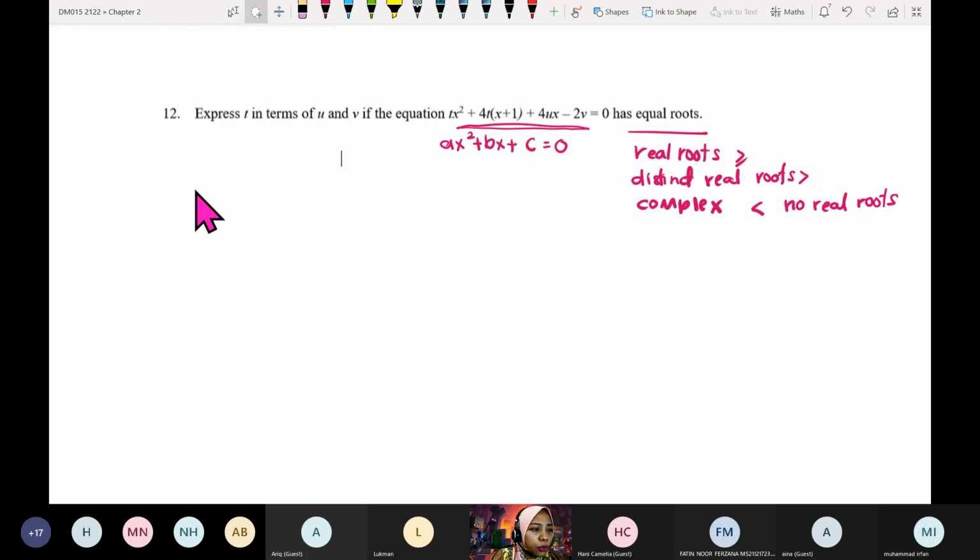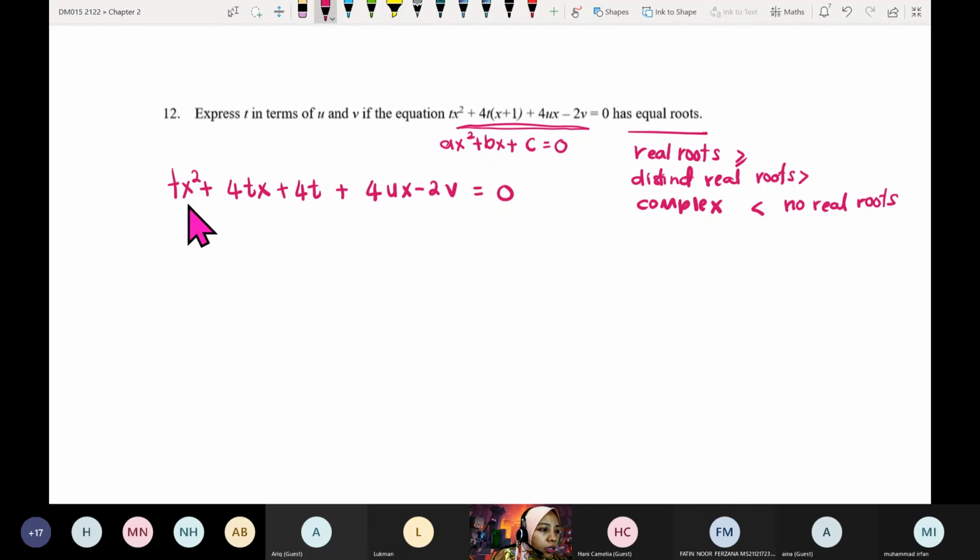Okay, I nak rearrange dulu. So TX square plus, we expand 4TX plus 4T, plus 4UX minus 2V equals to 0.